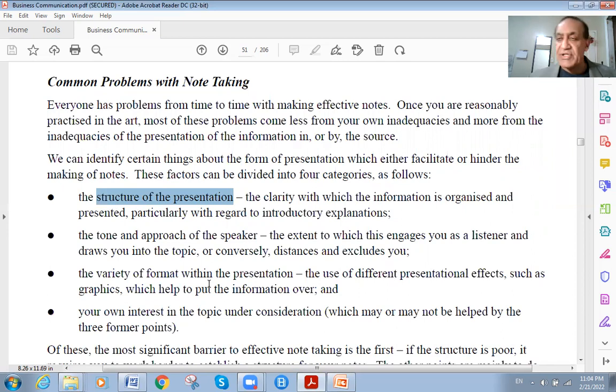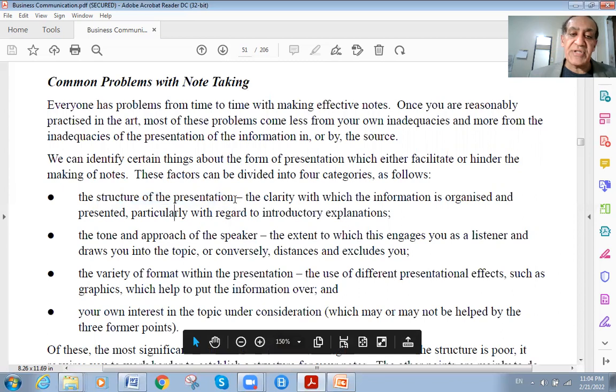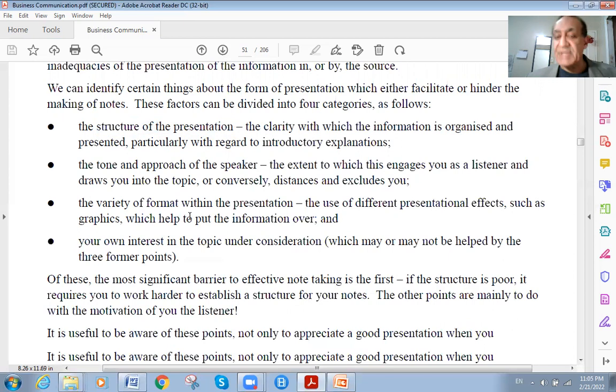If the teacher is not good and is not able to convey the information in a logical manner, then you won't be able to take the information, or even notes. You will not have the enthusiasm and will not be eager to take notes because you are not interested, or you don't understand it as it's supposed to be. For that reason, the structure of the presentation is the most common problem with note taking.